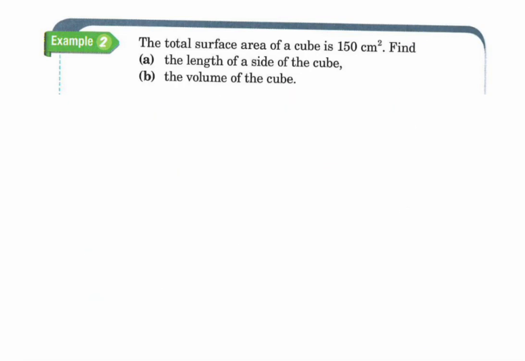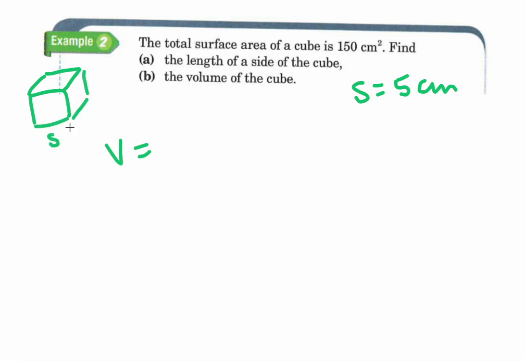So if each side were 5 centimeters, let's figure out the volume. Volume was all that space inside. So we're going to multiply each of those dimensions, and there's 3, together. So s cubed.